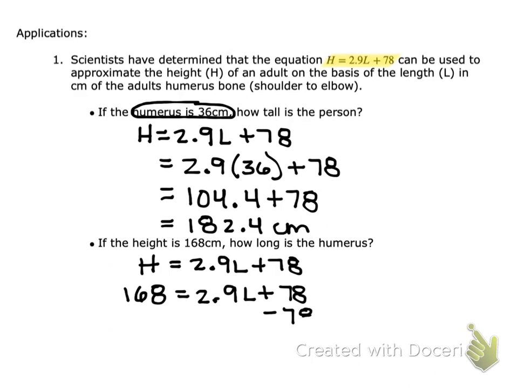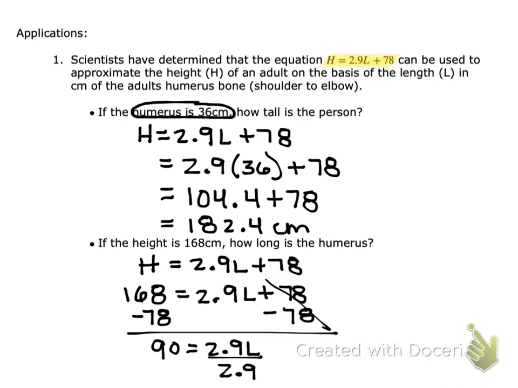Subtract 78 from both sides. So we have 90 equals 2.9 L. Then we're going to divide by 2.9.